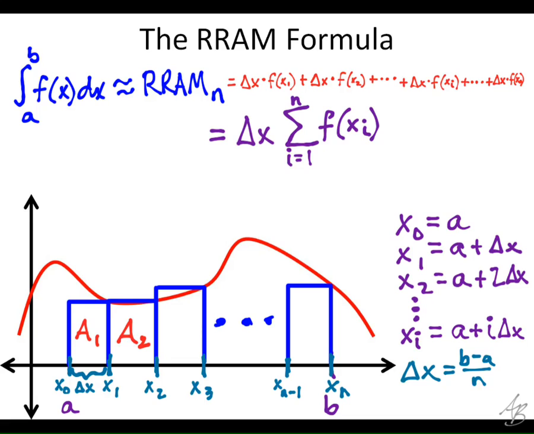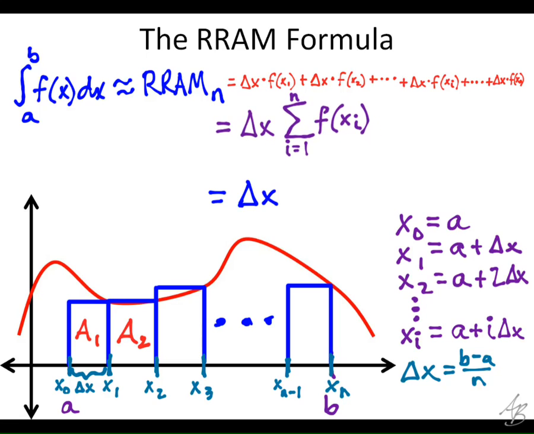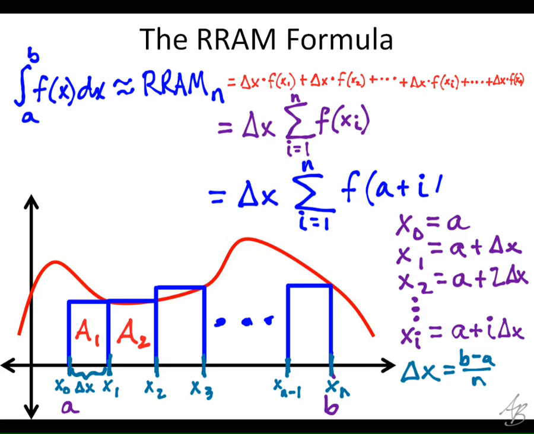Now, we also have a formula for x sub i, don't we? We know what x sub i is. What is it? a plus i delta x, right? So this is going to be the same thing as delta x times the sum from i equals 1 to n of f of a plus i delta x.